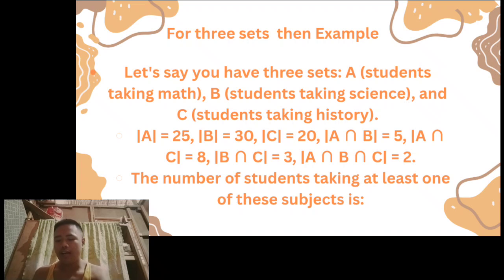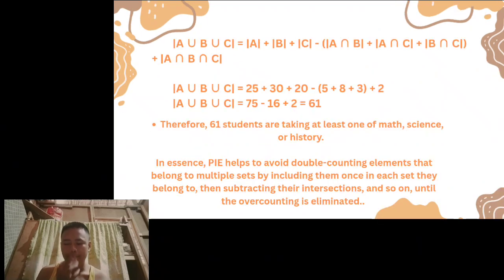So this is the formula and the answer. Let's start with 25 plus 30 plus 20, which is equal to 75. And then next is the parenthesis: 5 plus 8 plus 3, which is equal to 16.